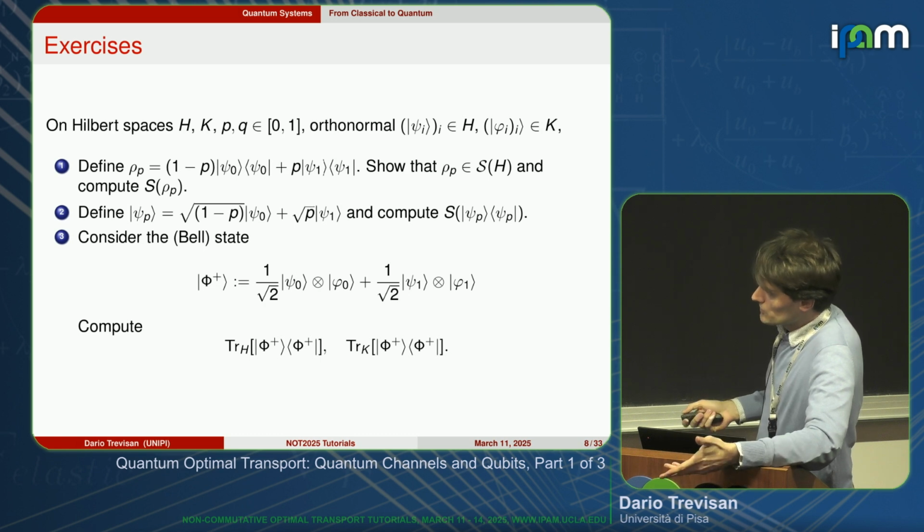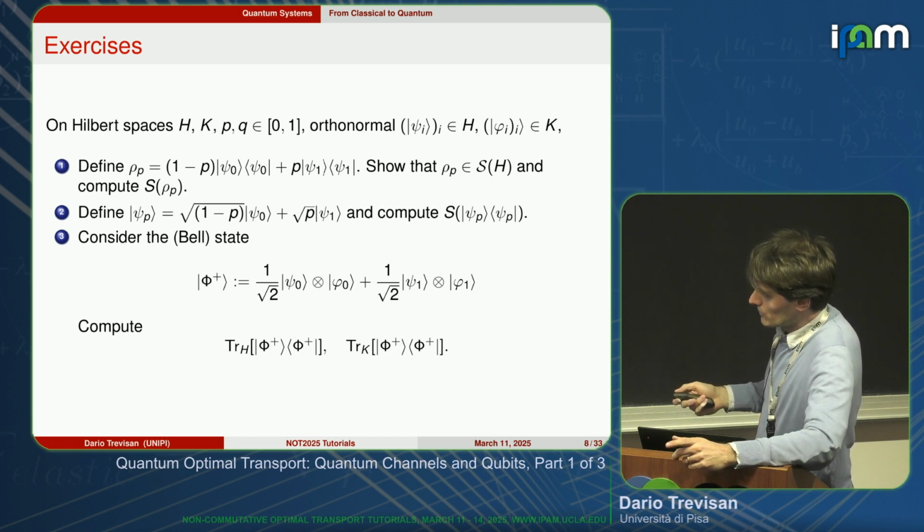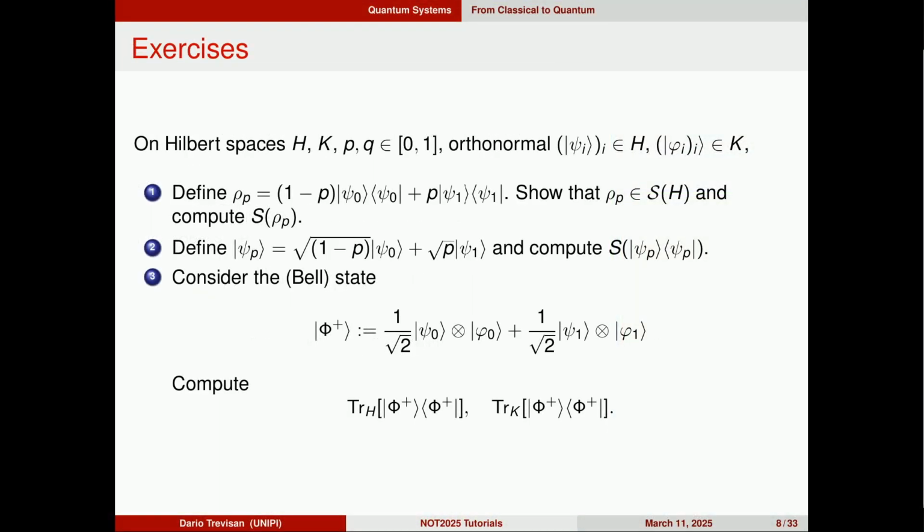A superposition in terms of wave functions, or state functions. If you take two orthogonal vectors, psi1 and psi0, then you can define this new vector.